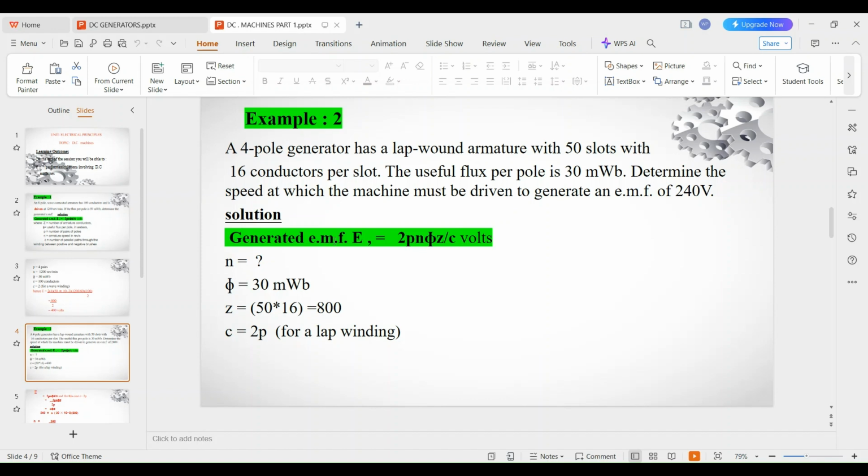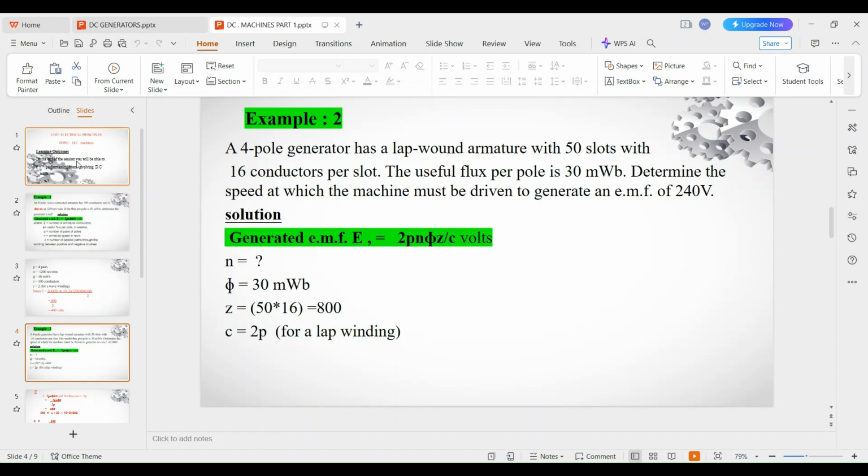And we know that the formula for getting EMF is given by 2PN phi Z, where Z is the number of conductors, phi is the flux, N is the speed, P is the number of pairs of poles, then 2, then all of this divided by C. And for our case we have a lap wound, so C for lap wound is given by 2P.